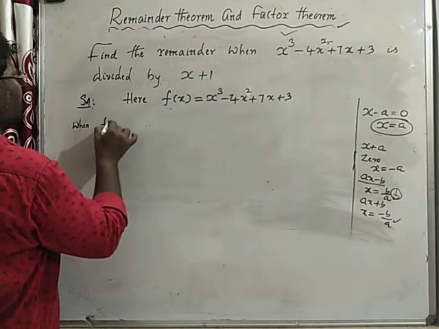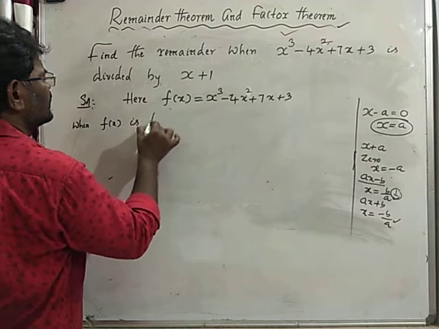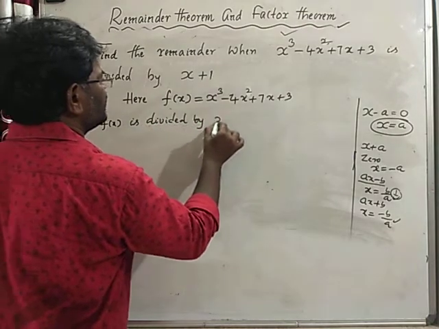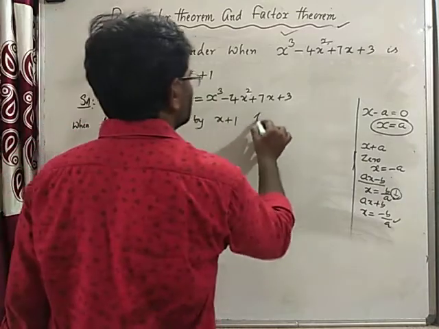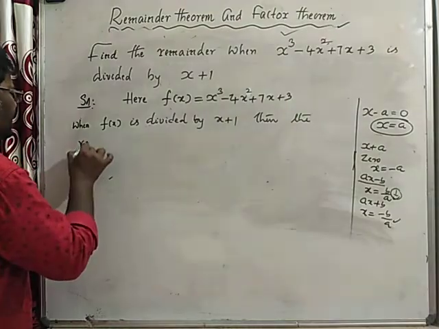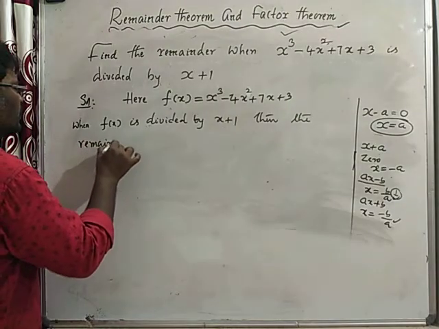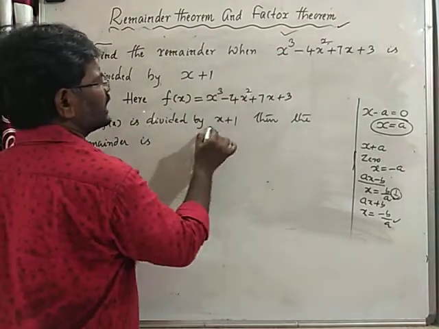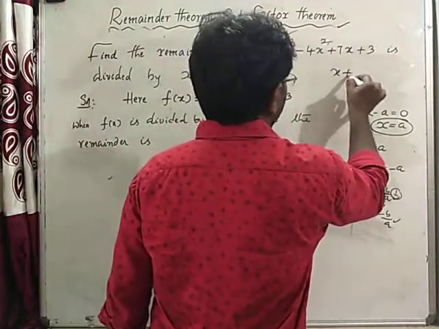When f of x is divided by x plus 1, then the remainder is what? x plus 1 is equal to 0.